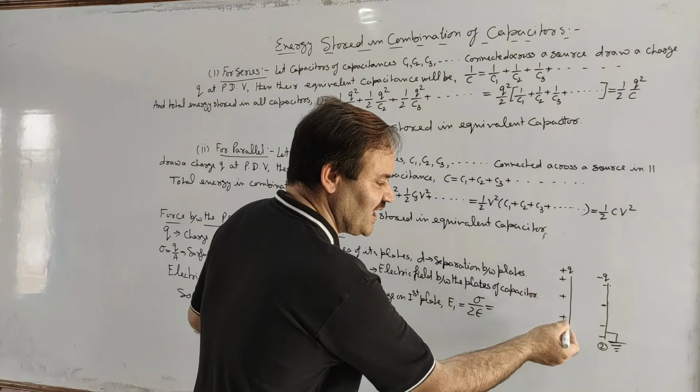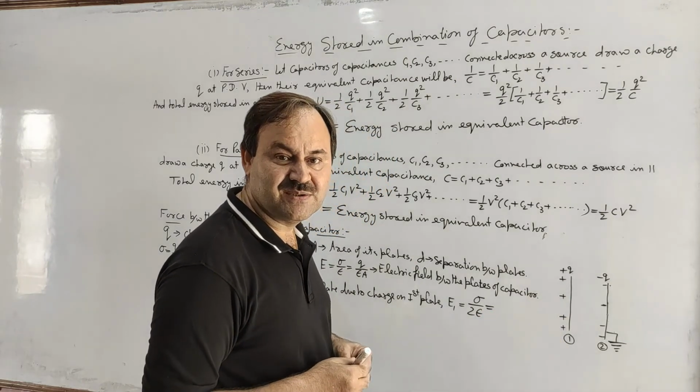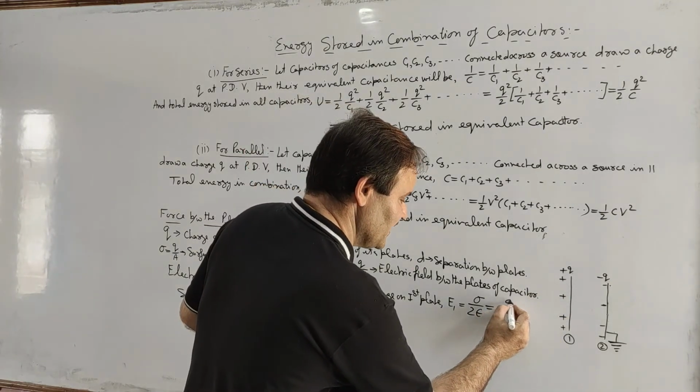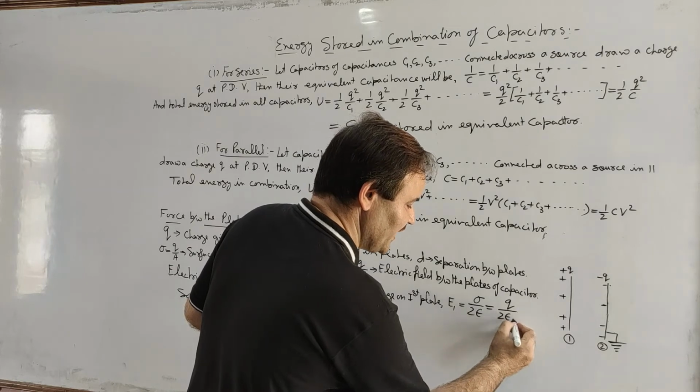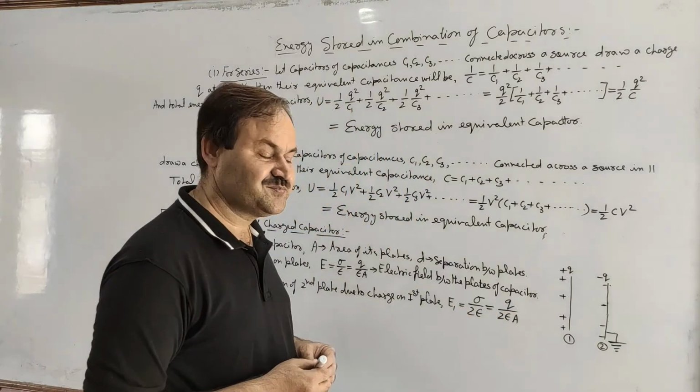Sigma means charge per unit area, for plate 1, so it will become Q upon 2 epsilon A.